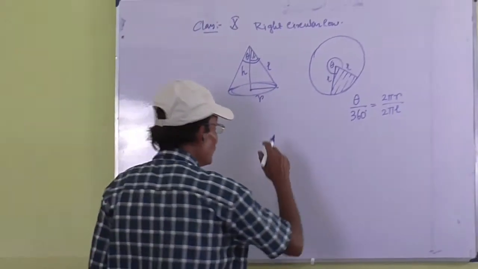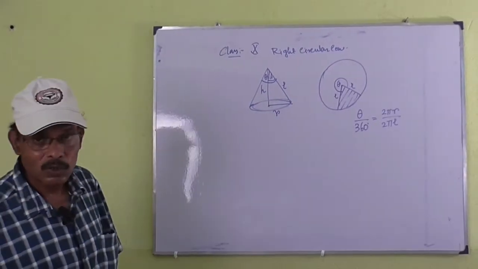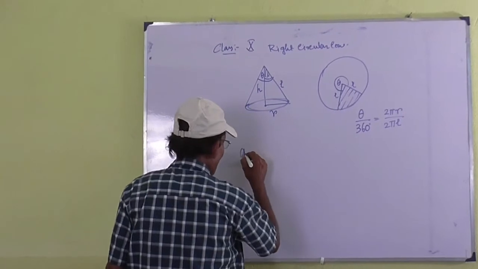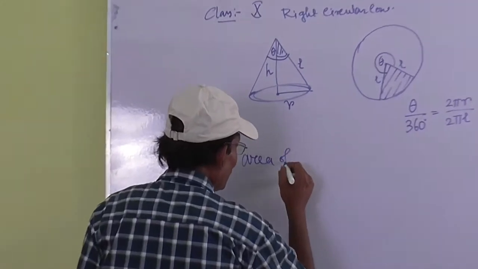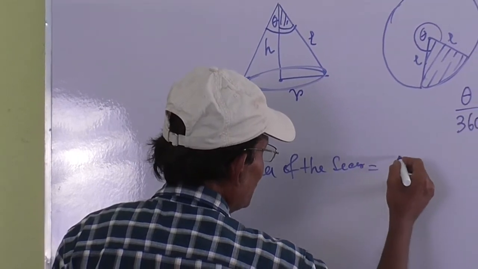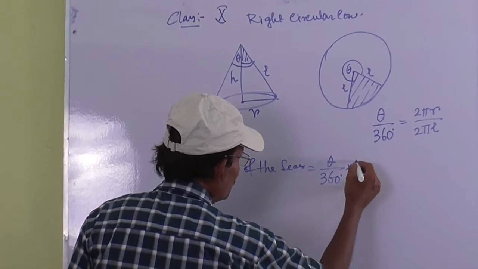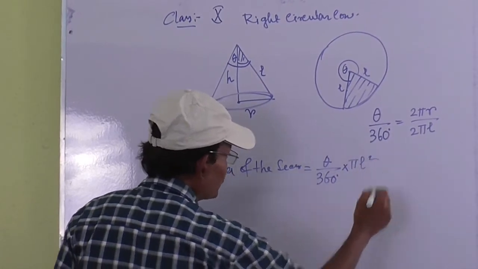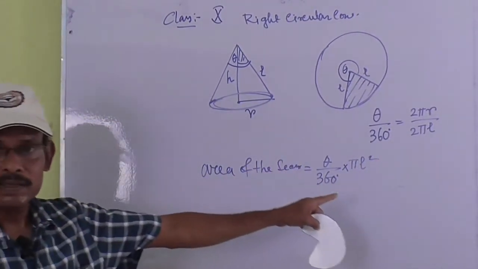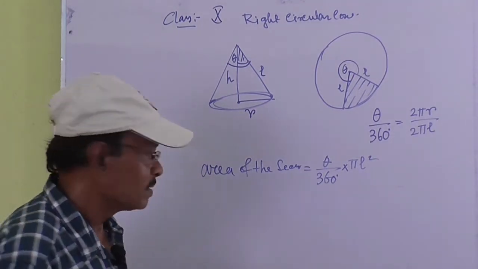Now, the area of the sector will be theta by 360 degree into pi l square. L is the radius of the circular portion.